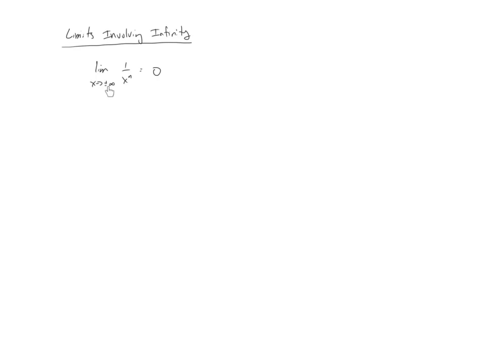So this thing at infinity trends off to 0. The way you hear me say it a lot is you have this small over big ratio. Small over big ratios at infinity always go off to 0.